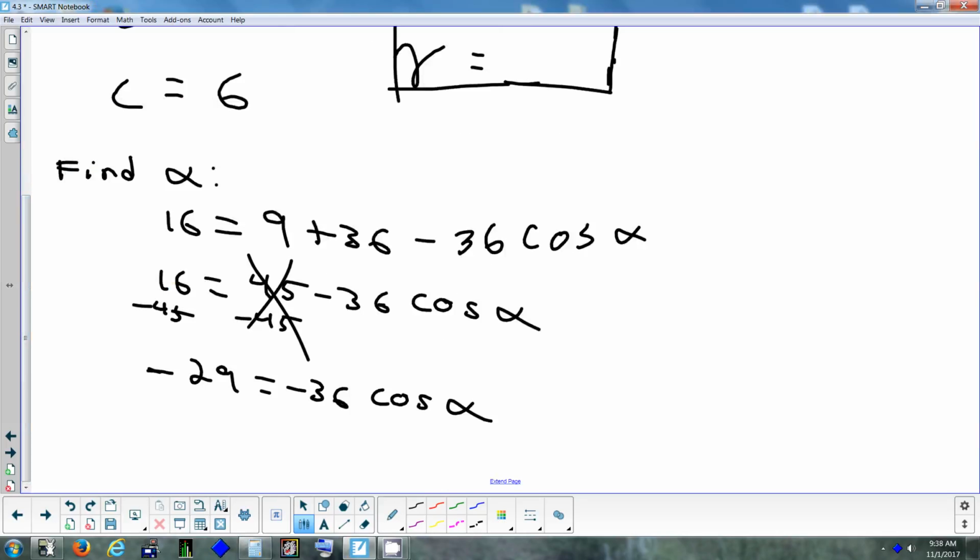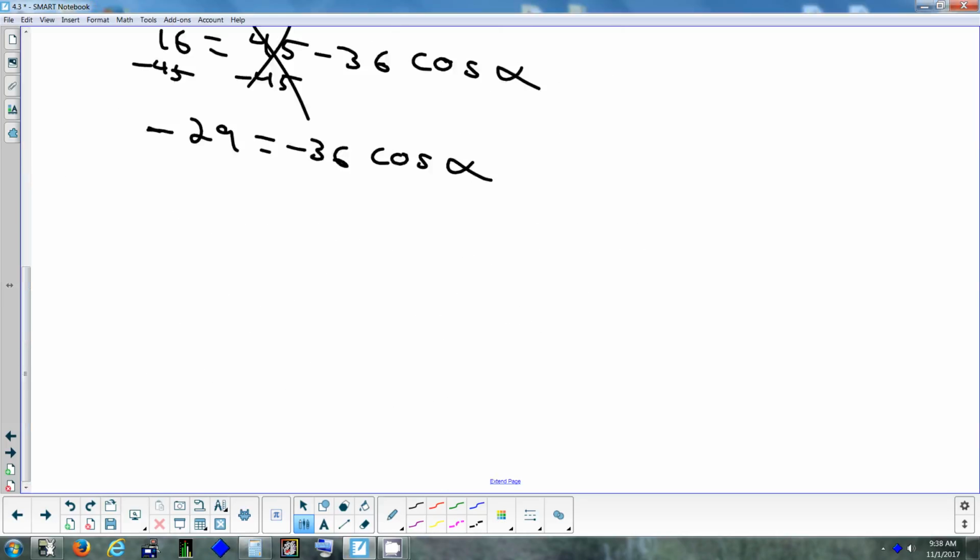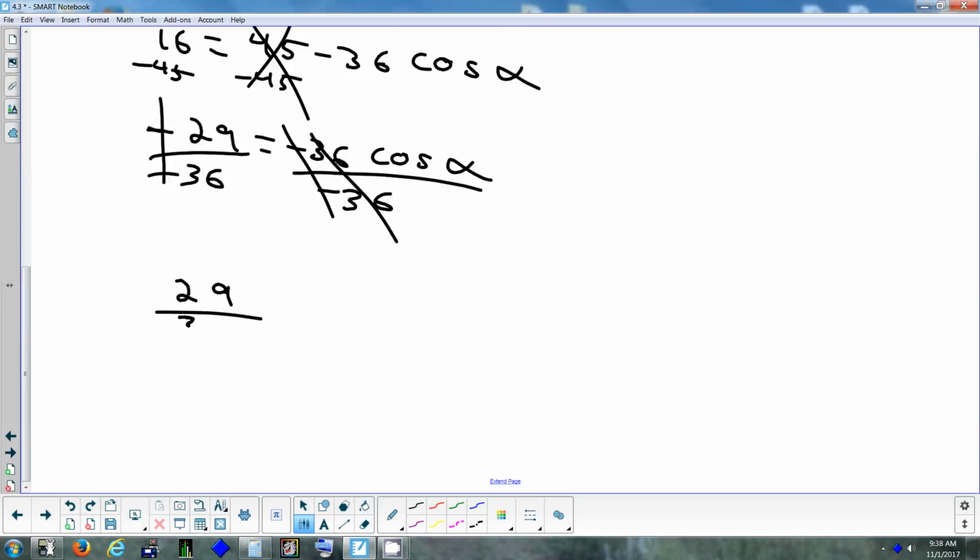Okay, Orion, what would be my next step? Divide by negative 36. Yep, divide by negative 36. Negatives on the right are gone, 36 is gone, negatives on the left are gone. So I would have 29 over 36 equals cosine alpha, but what am I going to have to do at the end, Ryan, to get rid of cosine?